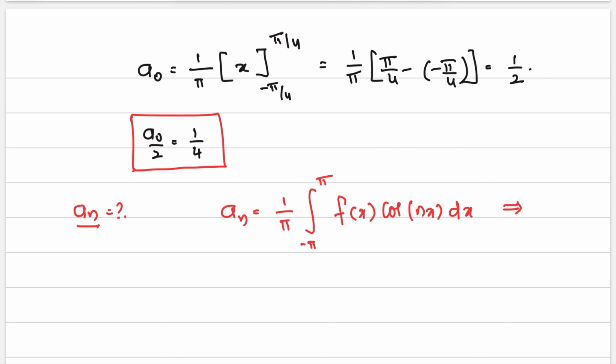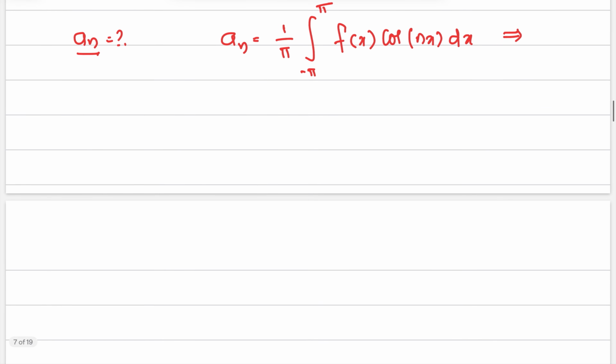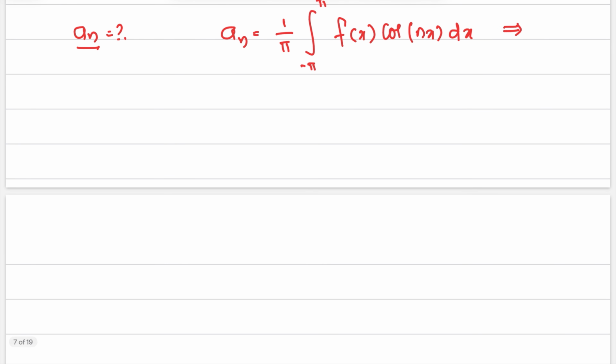First, let us try to understand the function x into cos nx. What is function x? The important part is where function x is equal to cot x. There only the problem comes. Otherwise, wherever function x is equal to 1 or 0, when it is 0 the integral will be 0, and when it is 1 there is no problem.